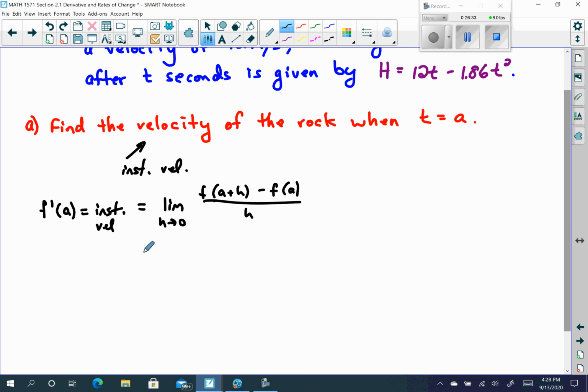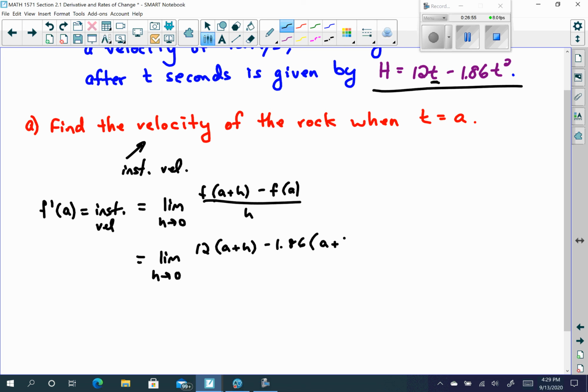So let's apply it to this problem. Our function again is right up here. So we're going to have the limit as h approaches 0 of 12, and then we're going to replace the t here with the a plus h first. So 12 times a plus h minus 1.86 times a plus h squared.